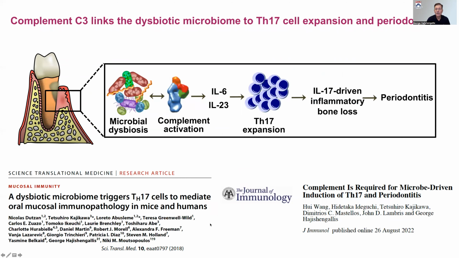Th17 cells are also important effectors of periodontal tissue destruction. And in recent publications, we have shown that complement activation is required for the expansion of Th17 cells. This is because complement activation induced by the dysbiotic microbiome induces the production of cytokines, IL-6 and IL-23, which are required for the induction and expansion of the Th17 cells.